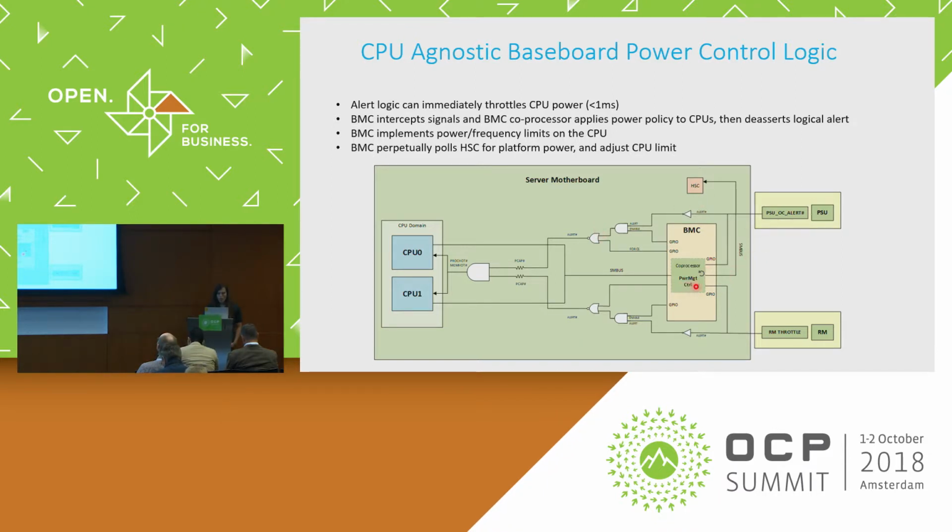The coprocessor goes and polls the hot swap controller for the power of the server going into the motherboard, and it can set RAPL policies or power policies on the CPUs, and can adjust what the CPU wattage is based on the server wattage as a whole. You still get those same alert signals for those events that require rapid response.